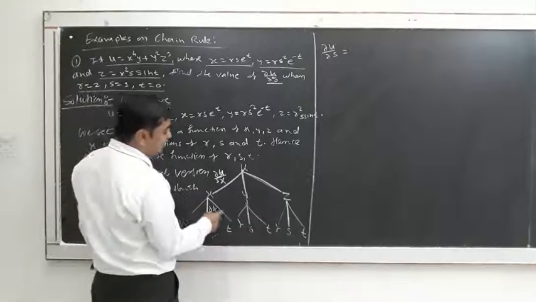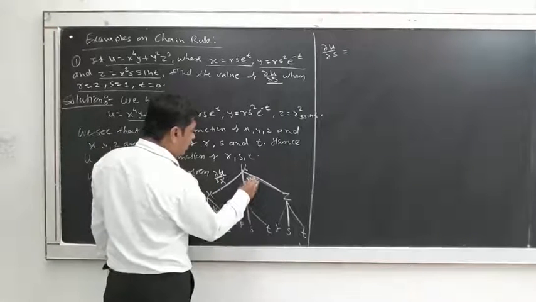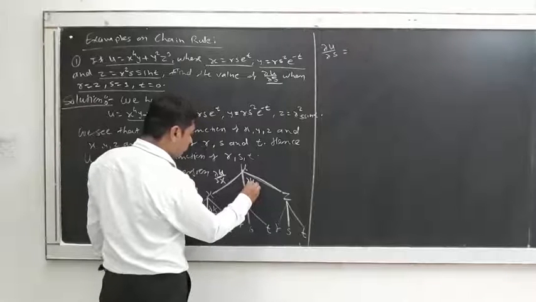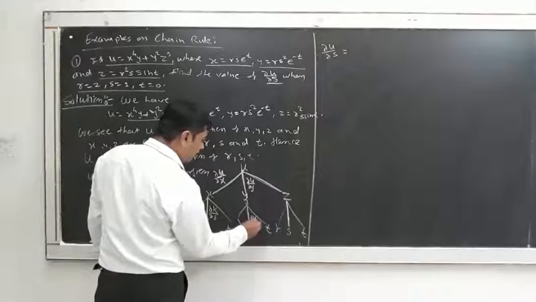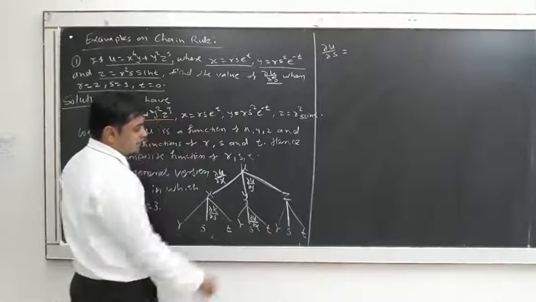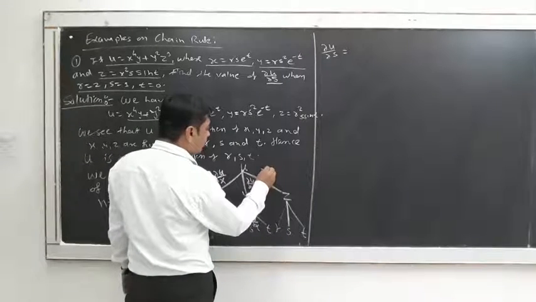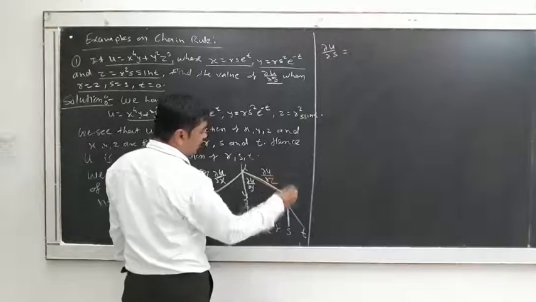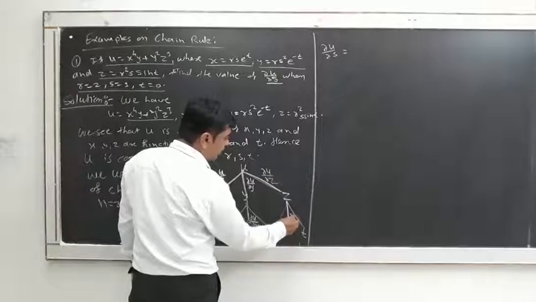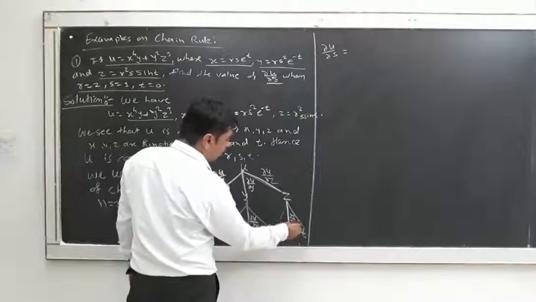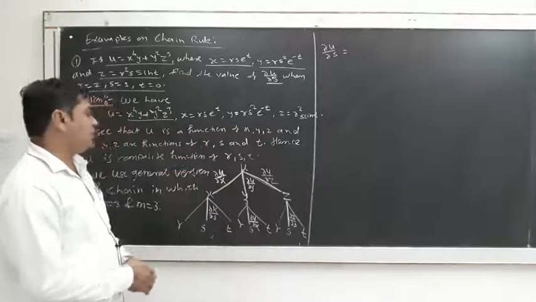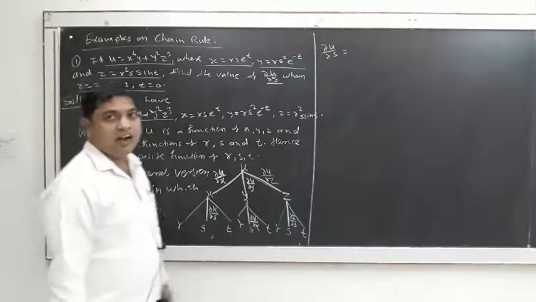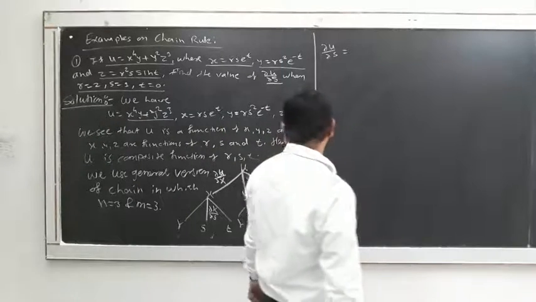Take the product of this, add this to del u by del y, del y by del s, and here again del u by del z, and this is del z by del s. So take the product of these partial derivatives and add, we will get del u by del s.